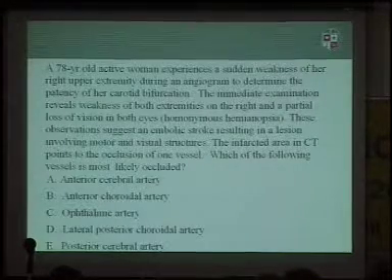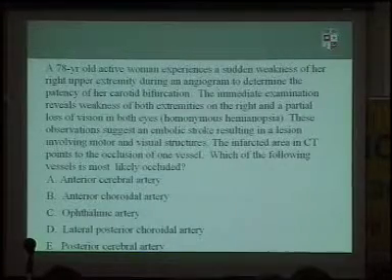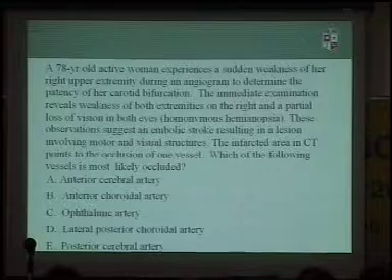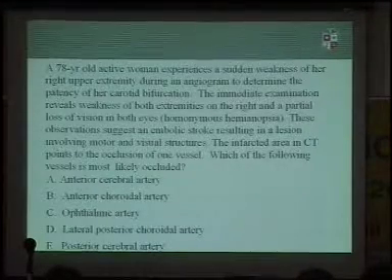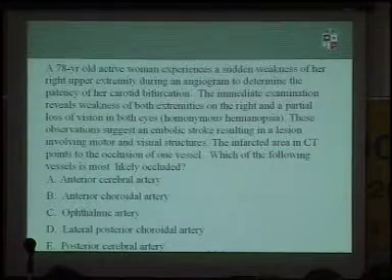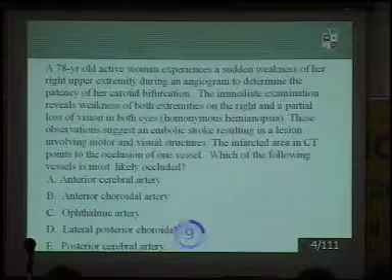This is actually a pretty hard question. Shall I say vote or guess?